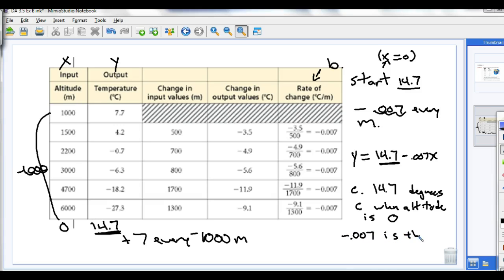It is the change in temperature for every 1 meter increase. So it changes the temperature by negative 0.007 degrees Celsius for every 1 meter we increase in the altitude.